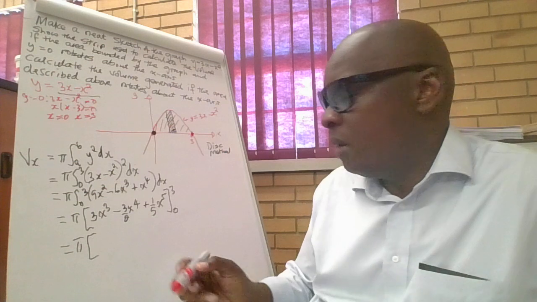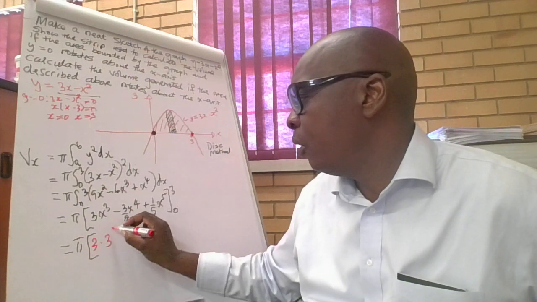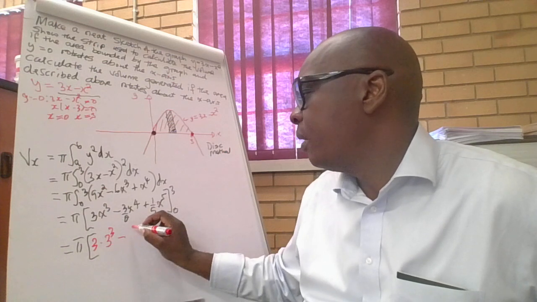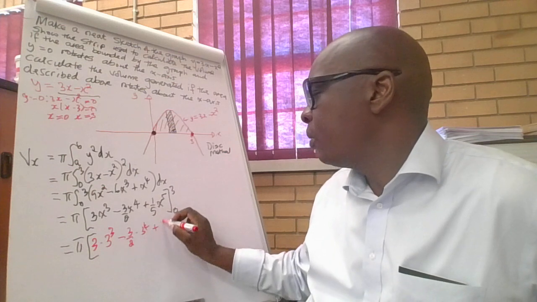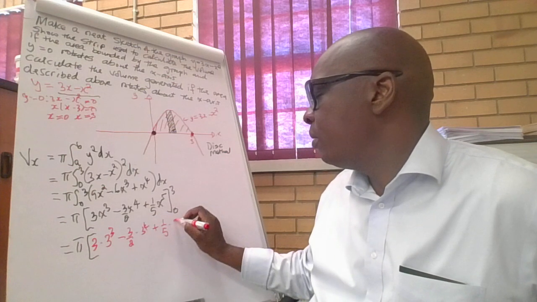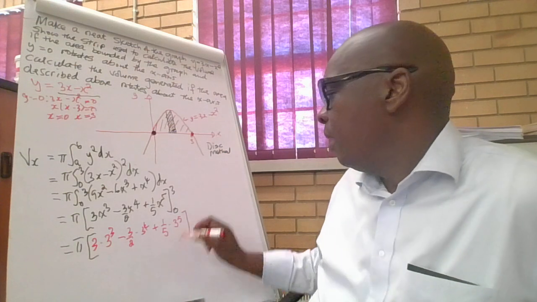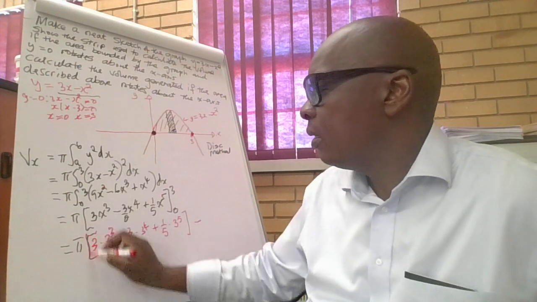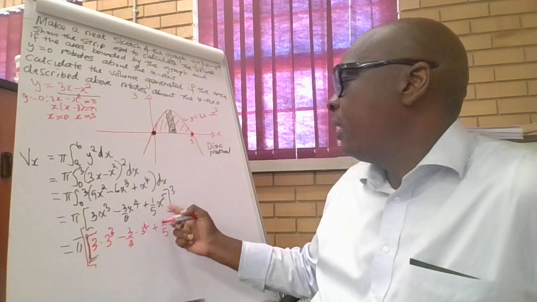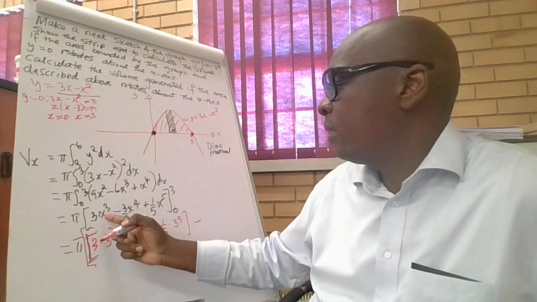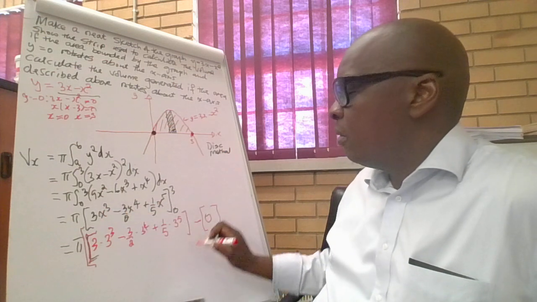So you see this becomes 3 times 3 cubed minus 3 over 2 times 3 to the power 4 plus 1 over 5 times 3 to the power 5, and of course minus. If we put in 0 where there's x, this is going to be 0, 0, 0. So ultimately it's minus 0.